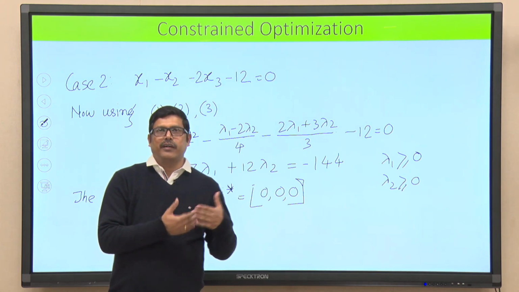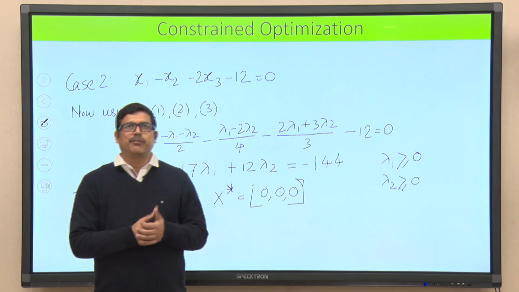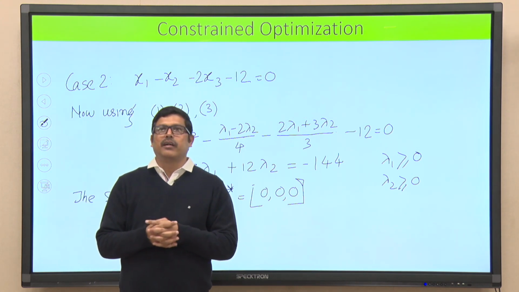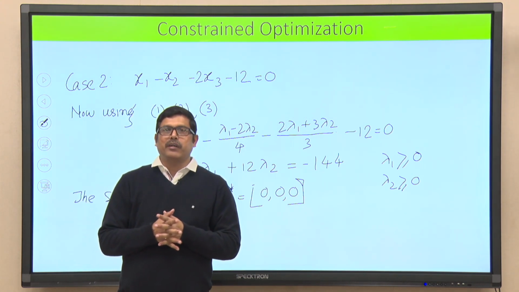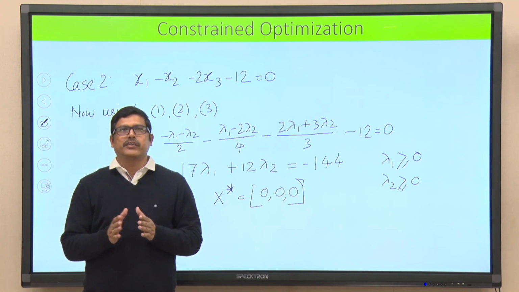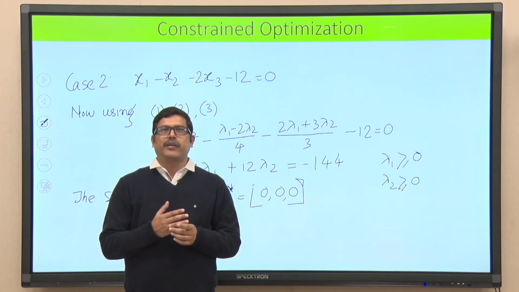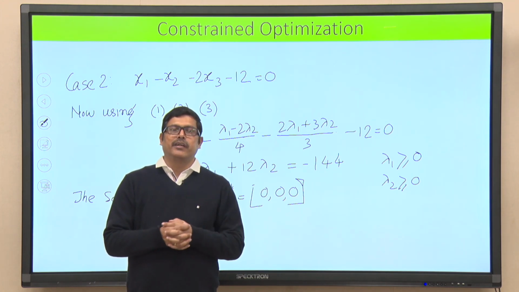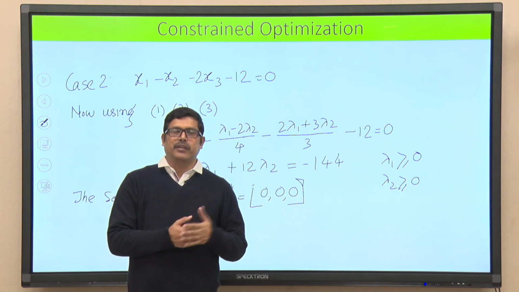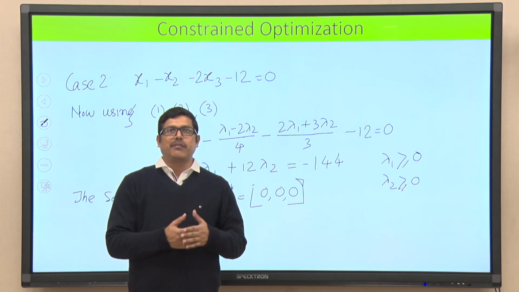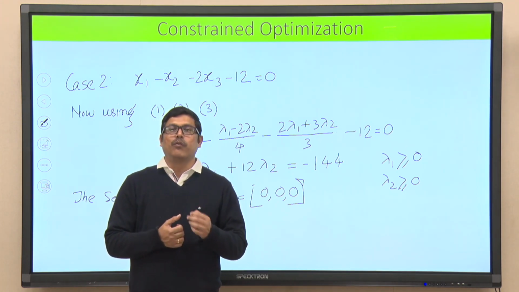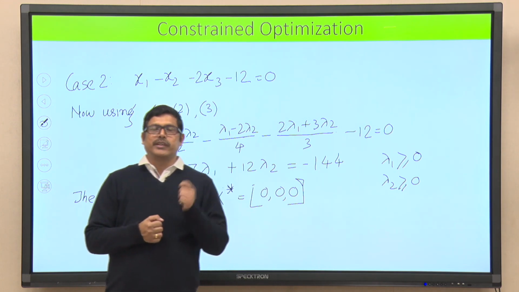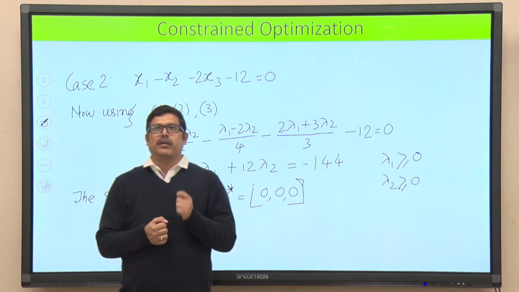We get the Kuntakar conditions, but these are necessary conditions, not sufficient conditions of optimality. But for the convex problem, these conditions are sufficient and necessary for global optima. So, you will get the global optimal solution if the solution satisfies the Kuntakar condition.